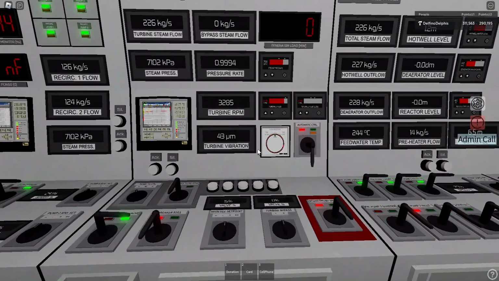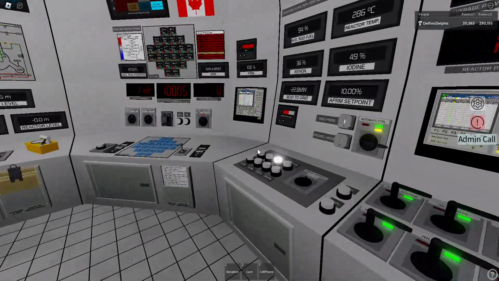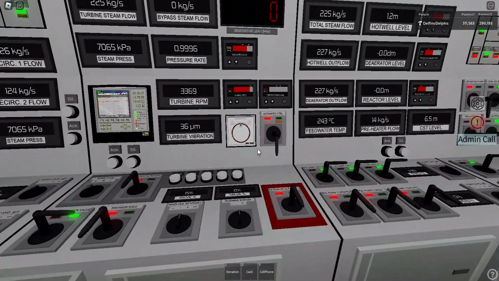But I want to show you how to do it manually, so I'm looking at the RPM, looking at the pressure. You see now at this RPM it's taking a lot of steam and the pressure actually started to drop. If for some reason I cannot reach my goal and the pressure is dropping too quickly, I need to increase the power just a little.